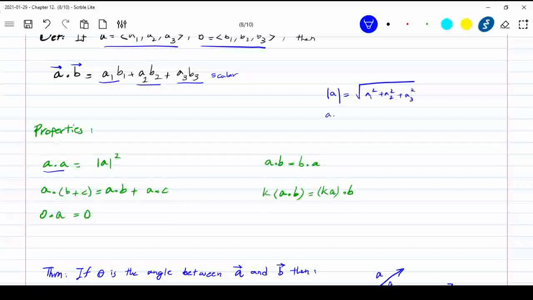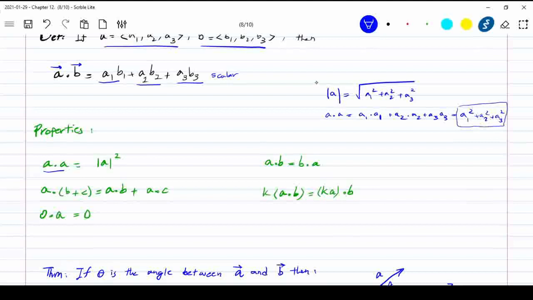So if you do a dot a, what you get is a1 times a1 plus a2 times a2 plus a3 times a3, which is a1 squared plus a2 squared plus a3 squared. If you compare this with that, you'll notice that a dot a is basically the magnitude of a squared. So this is not too complicated.